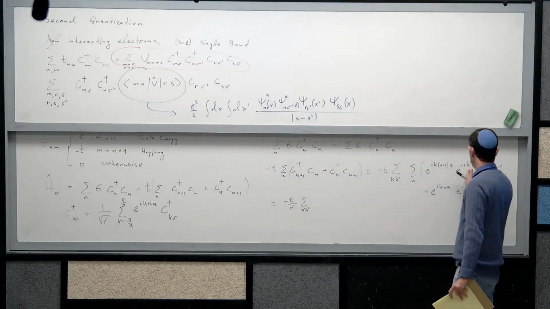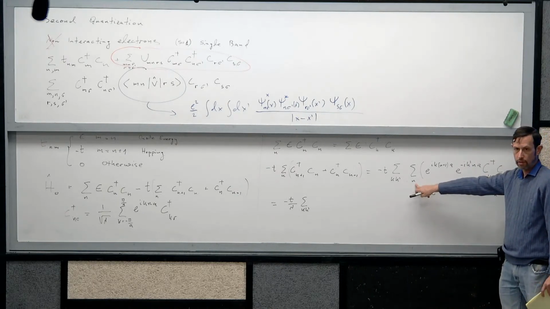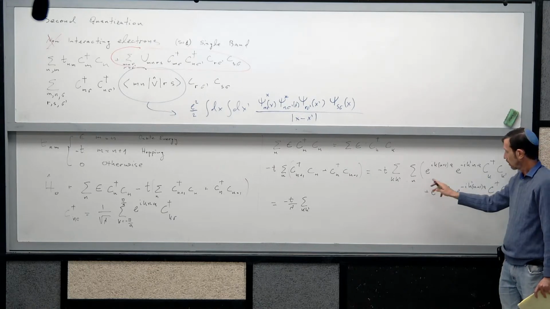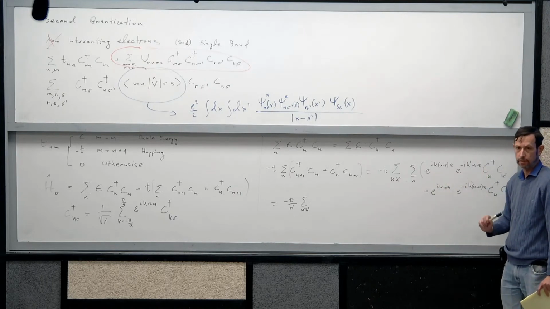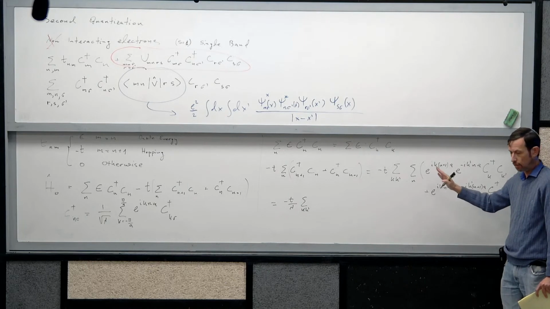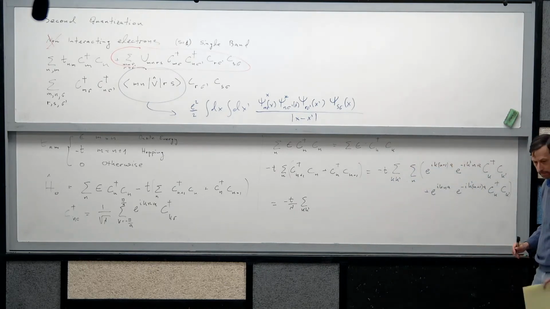Now I'm looking at this. Remember, I have a sum on n. Okay, so I'll take out everything that doesn't depend directly on n here, and then perform the summation on n.